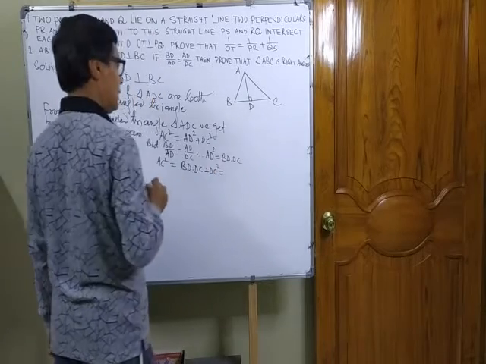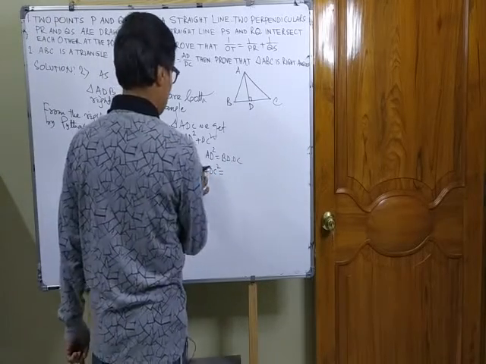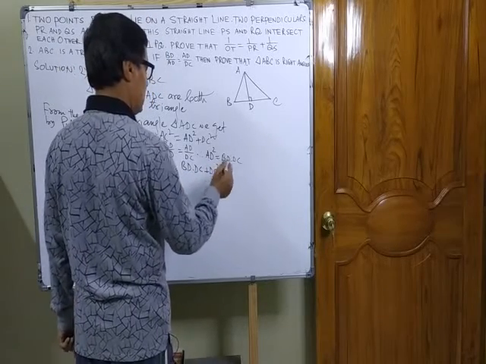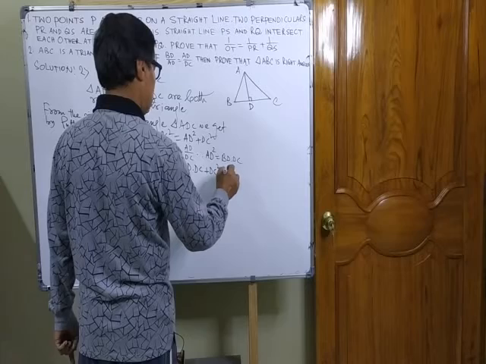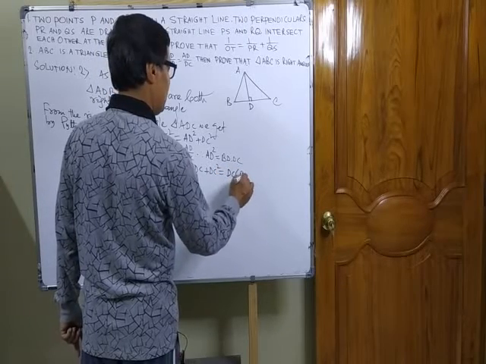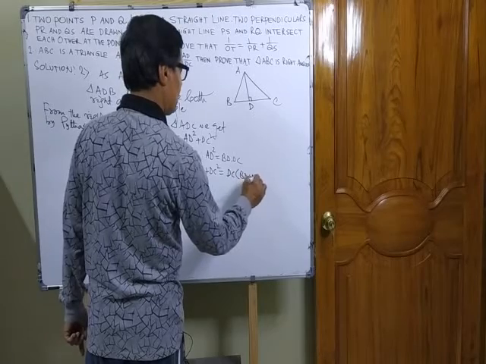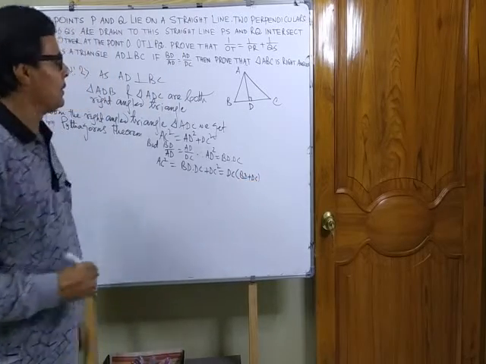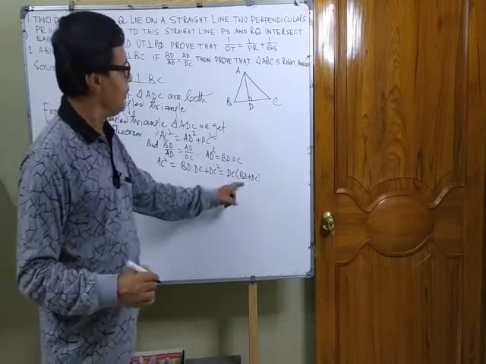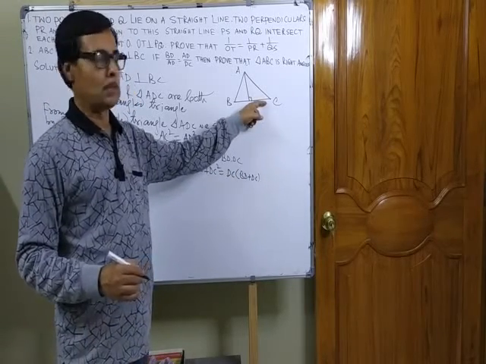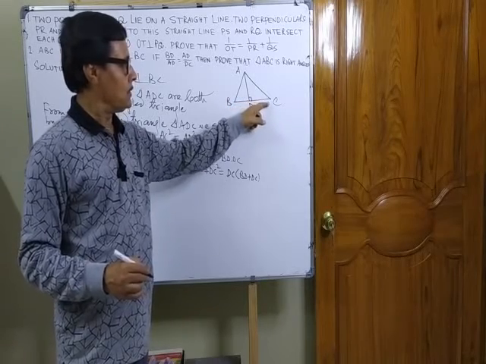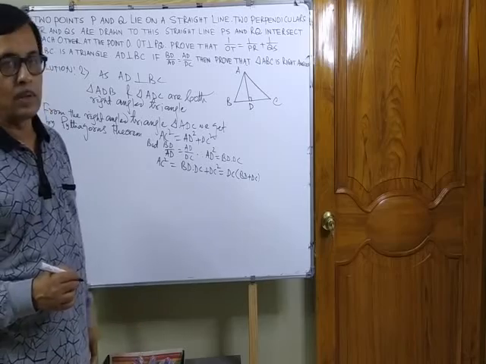We can take factors of this expression, reduced into factors. So we get DC multiplied by BD plus DC, and BD plus DC is equal to BC, because BD and DC constitute the line segment BC.